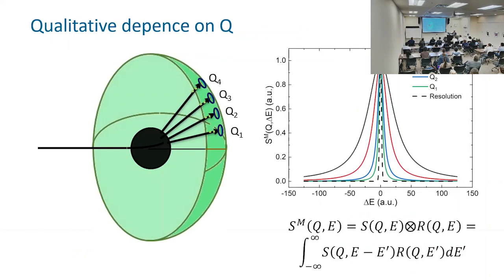Okay? So as we change Q, as we go from Q that is large to Q that is small, would you expect the dynamics to get slower or faster? Slower, because if you look at larger length scales, usually processes are slower.